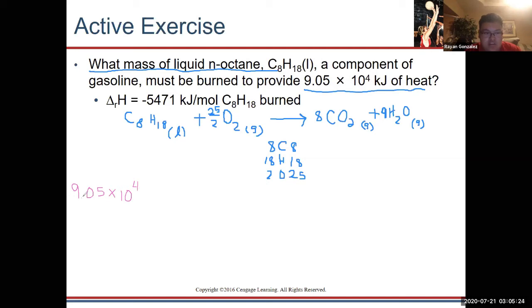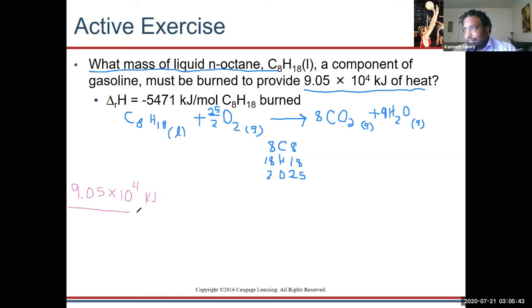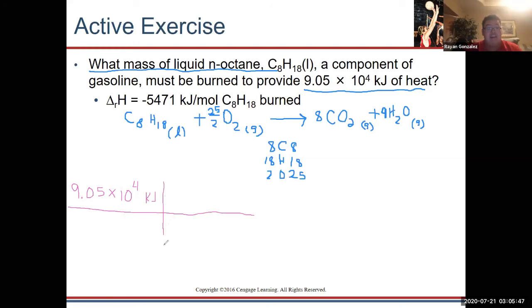We're gonna work dimensional analysis, correct? Yes, sir. So would it be times? Can we use that equation up there as an equivalency? That's right. So 1 mole of C8H18 will be at the top.